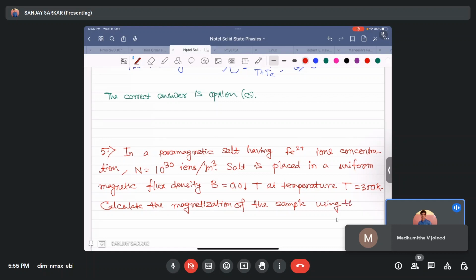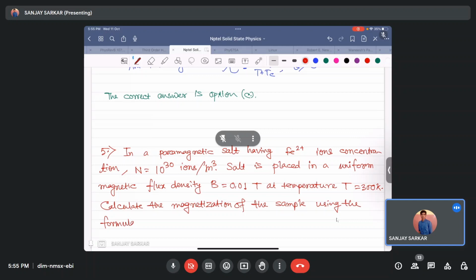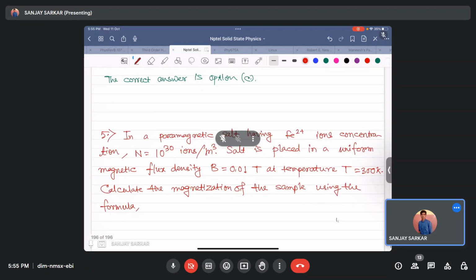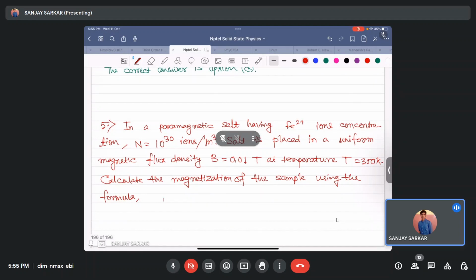Using the formula. This formula is also given in the question. You don't need to remember this formula. The formula for magnetization M is given as N G squared mu B squared J into J plus 1 into B divided by 3 kT.